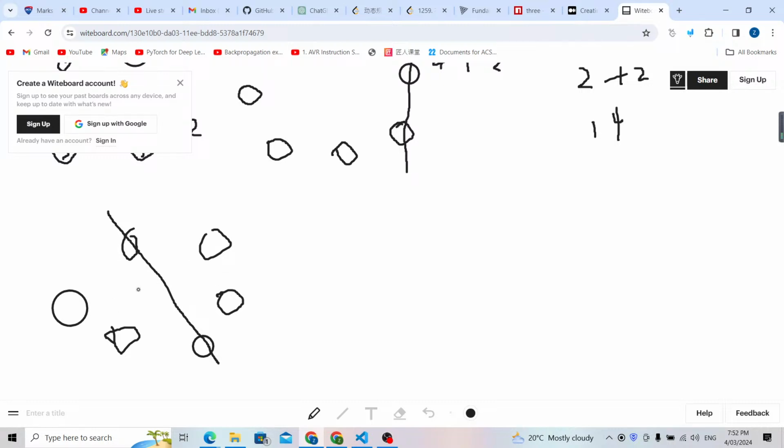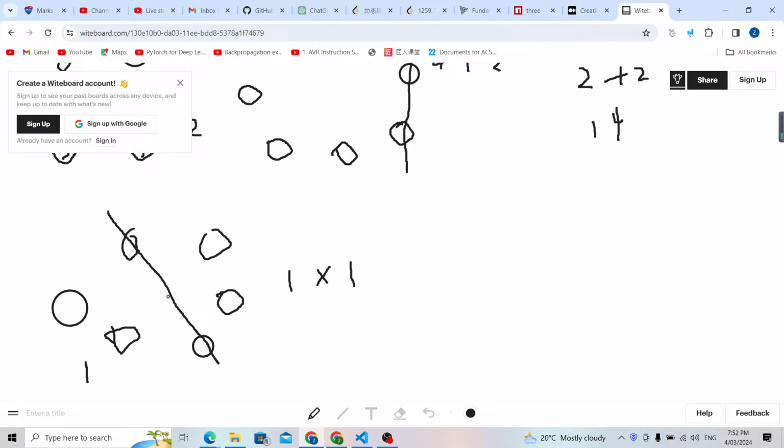Yes, it is, because on the left side there are 2 people, and the right side also 2 people. So from the left side there's 1 way, and from the right side there's also 1 way. So how many ways if I split it like this? It's going to be 1 times 1. This is one case, and there are also other cases.